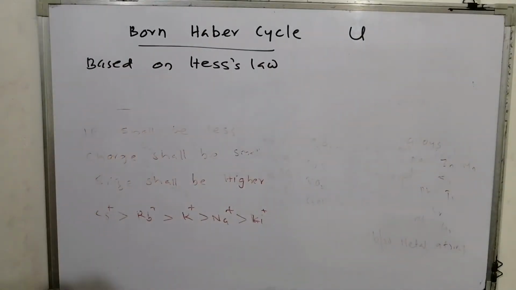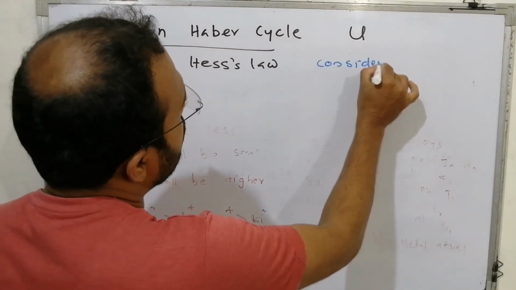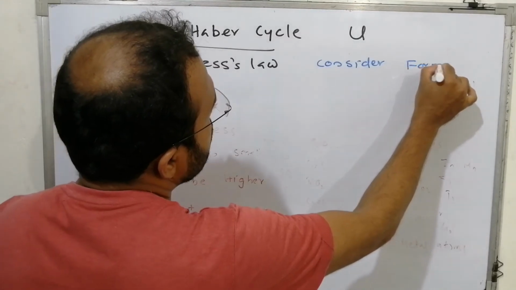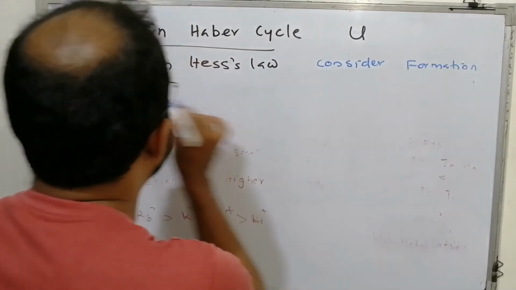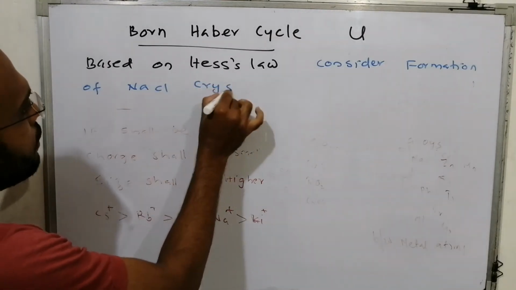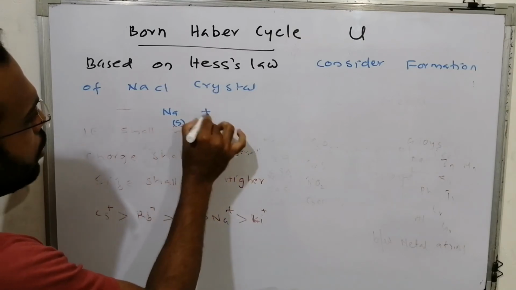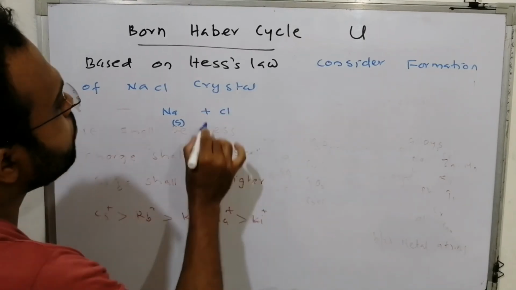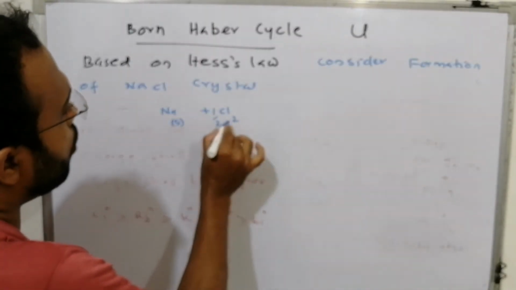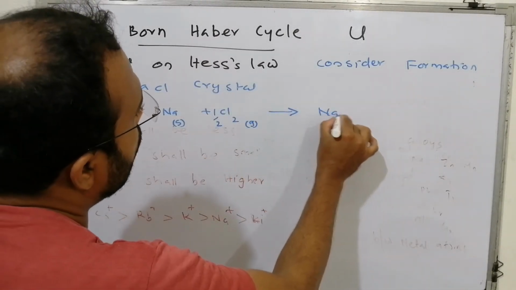This is explained by considering the formation of sodium chloride crystal. Imagine you take 1 mole sodium in solid state and half mole chlorine in gaseous state, and you get sodium chloride crystal.